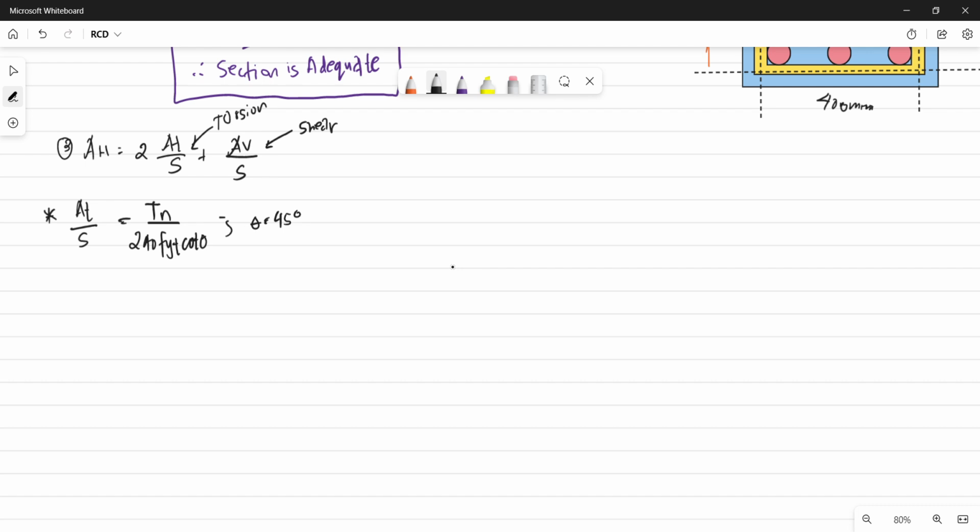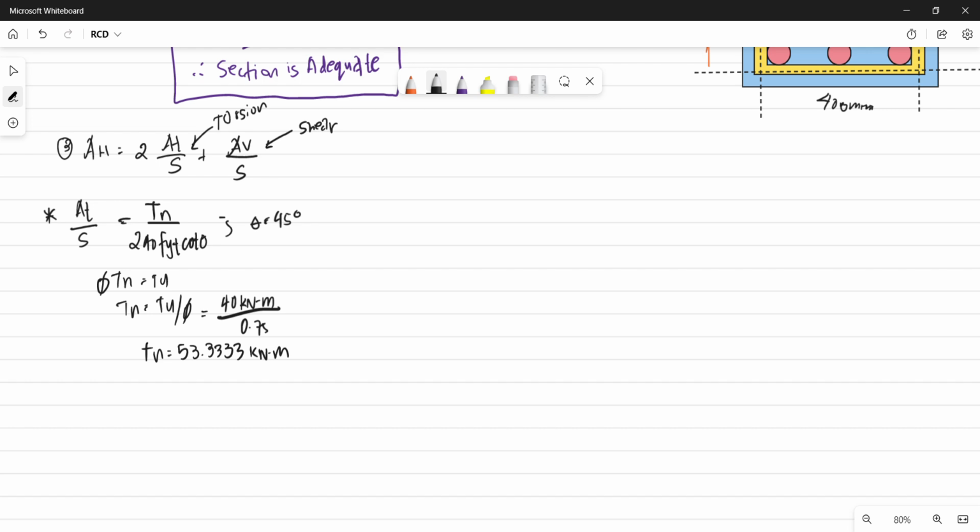Then how do we get your Tn? So phi Tn is equal to Tu. Your Tn is equal to your Tu divided by your phi. Your Tu here is 40 kilonewton meter divided by 0.75. Your Tn is equal to 53.3333 kilonewton meter. Okay?